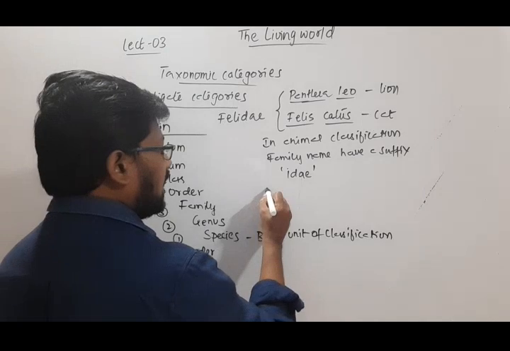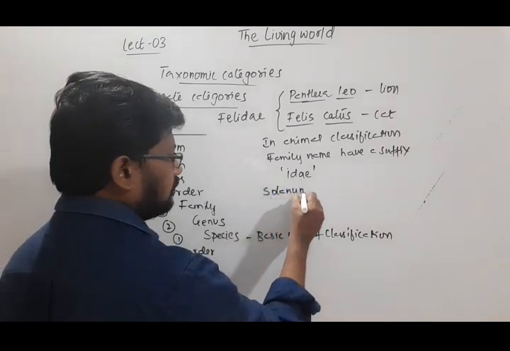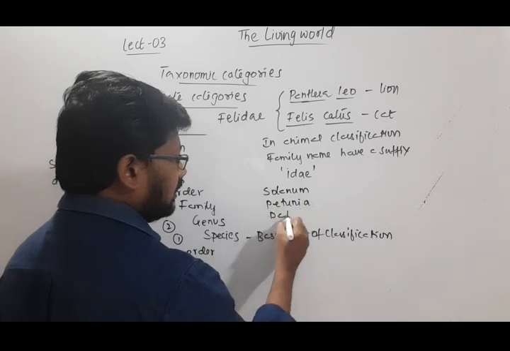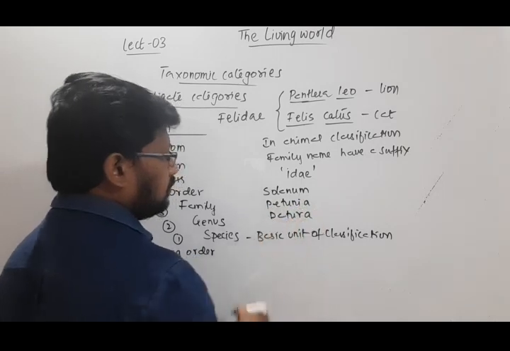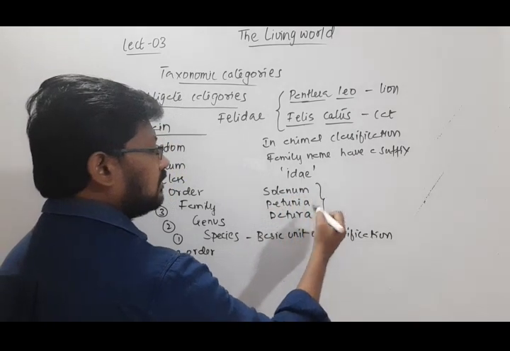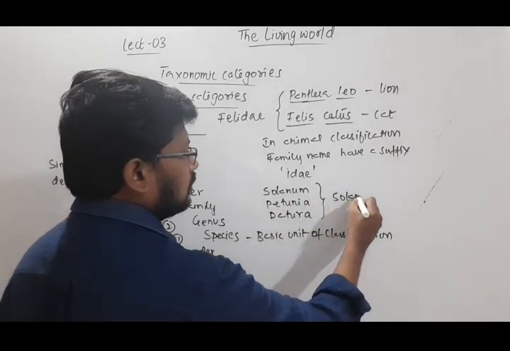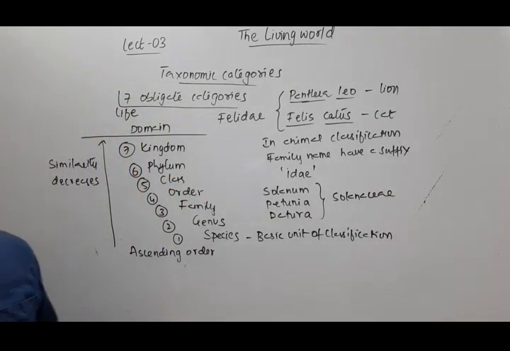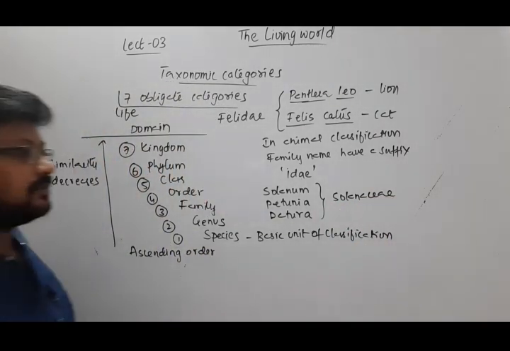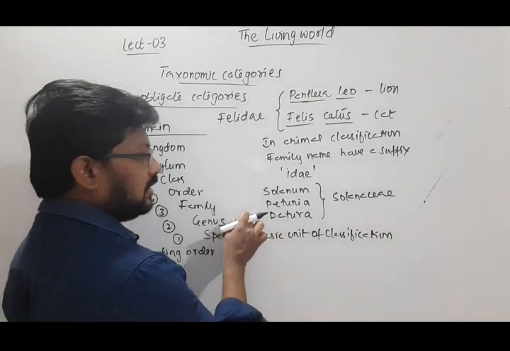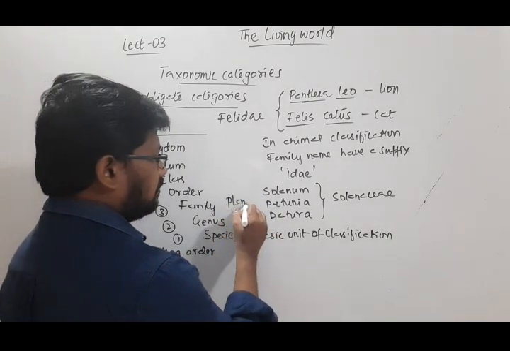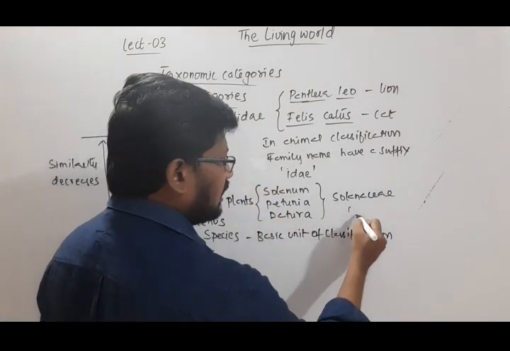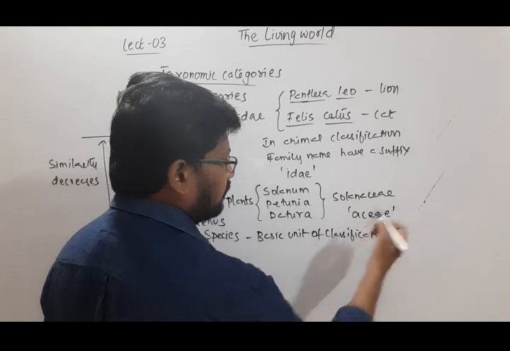the plants Solanum, Petunia, and Datura. These belong to the family called Solanaceae. Now, in plants, we need to add the suffix ACEAE.